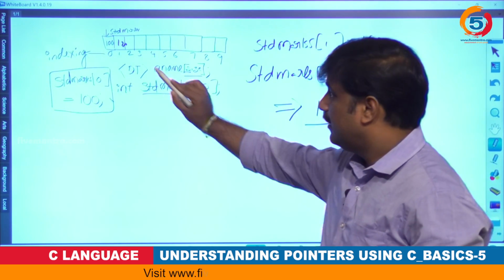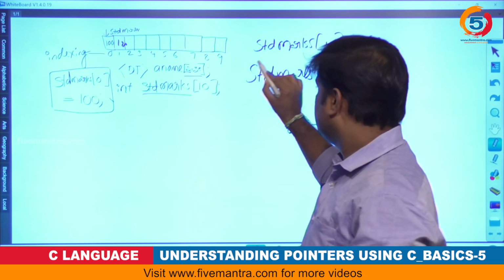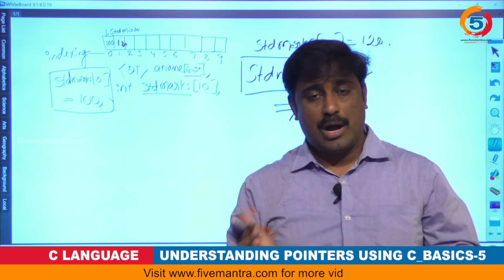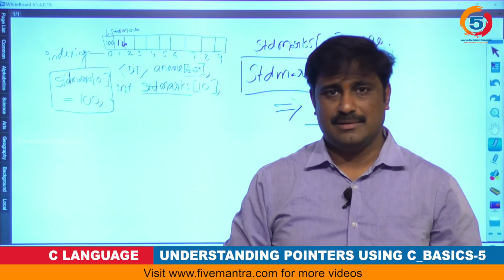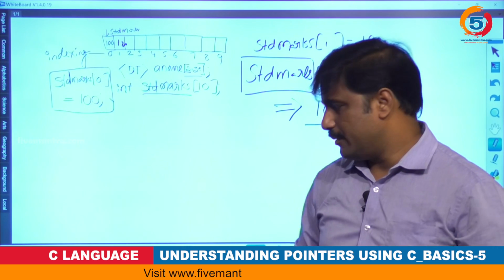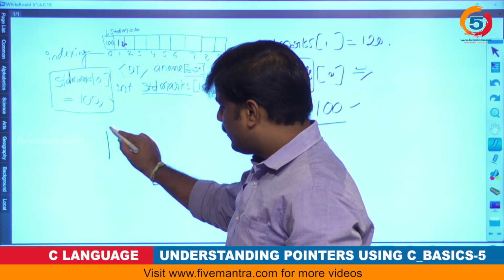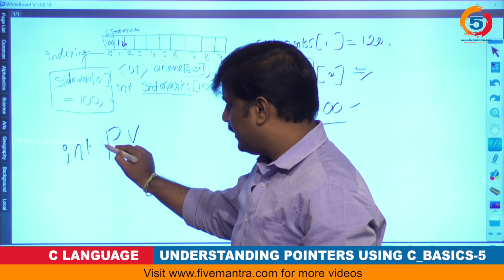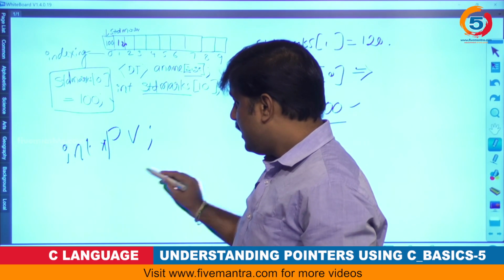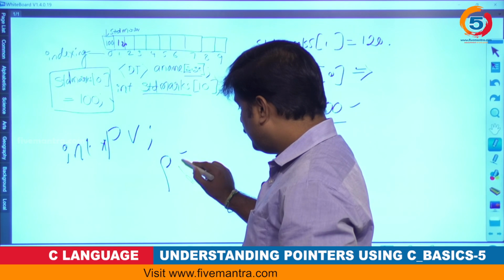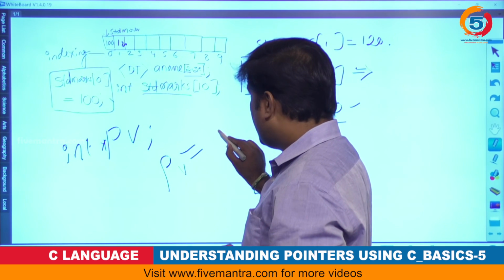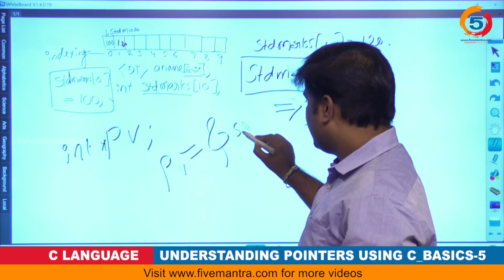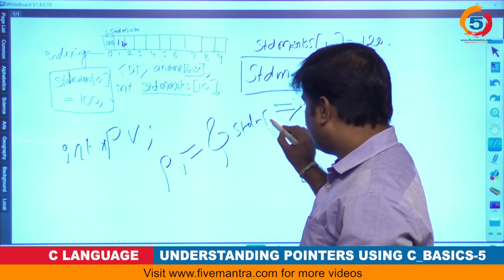Then what is the special thing with this? We have to know how to make a pointer for an array. That is also important. When you want to work with a pointer, one pointer variable is required, that is an integer pointer with a star, pv equal to address of the starting address, std_marks of 0.